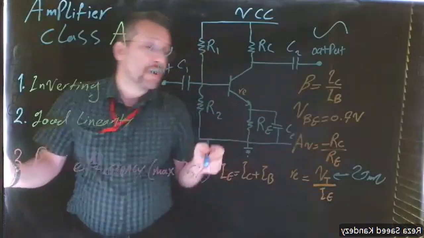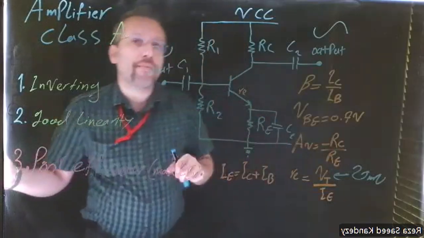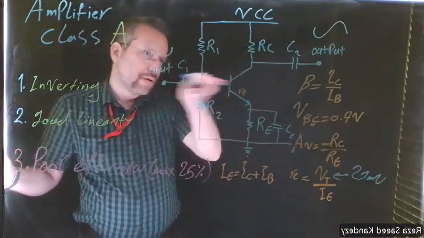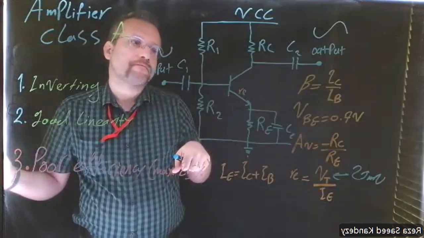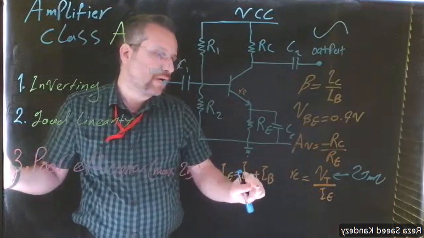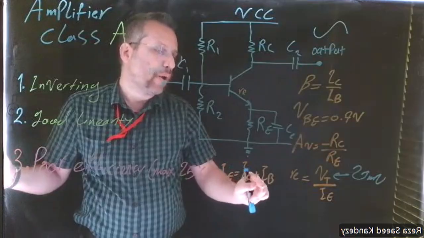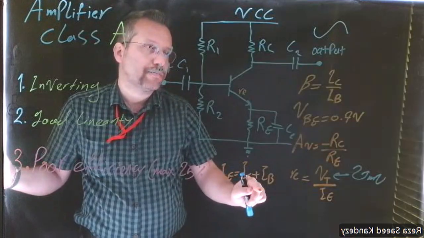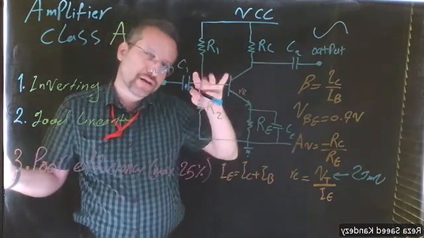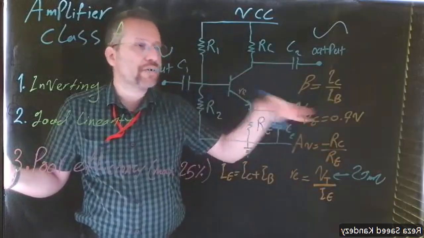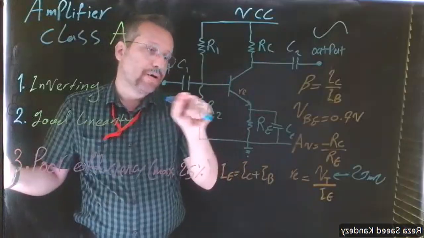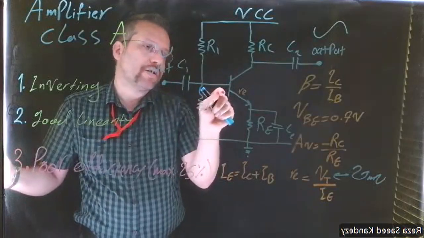Now, what is this CE here? We have an AC input in our base, and we know that the current of the emitter is the current of the collector plus the current of the base.